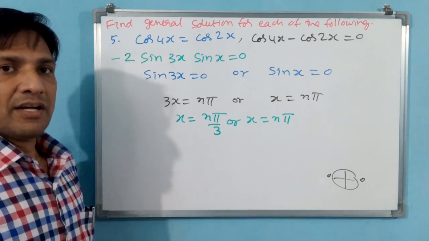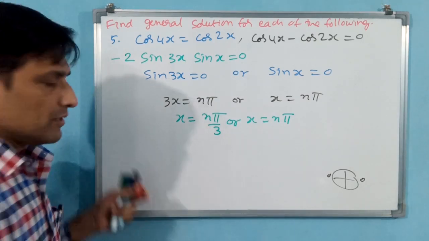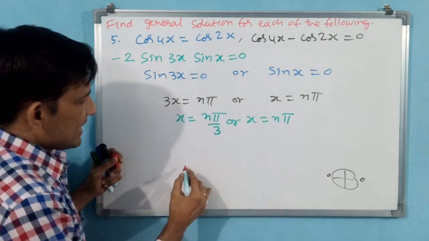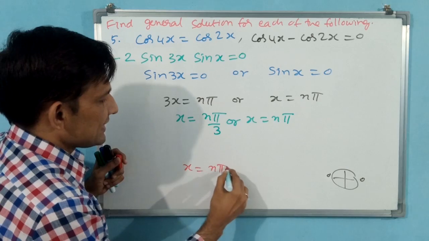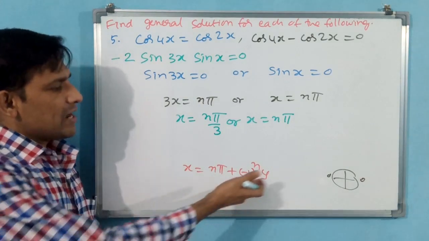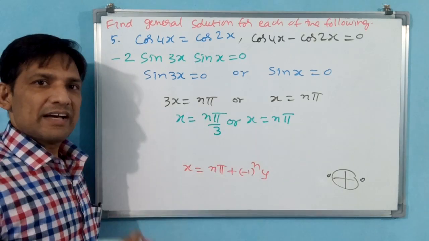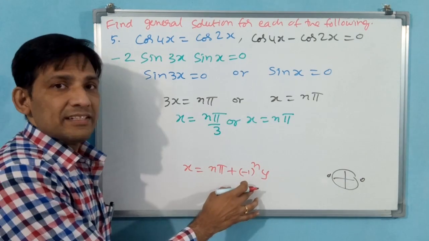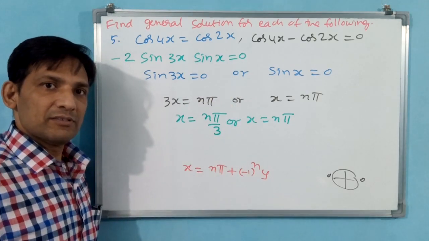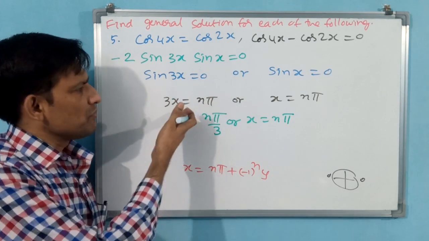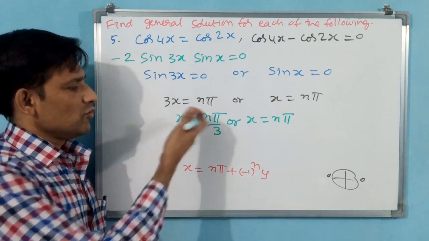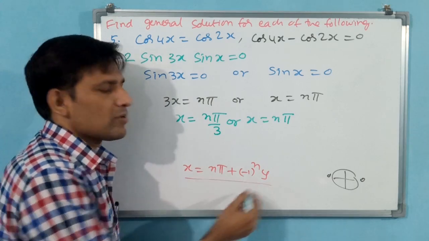You may have got confused. Because for sin theta, the general solution I told like this. You may ask, sir, why have I not written it in this form? This is not for 0. This is the general solution. Now, if 0 comes, directly you apply n pi. Why are you going for this formula again?